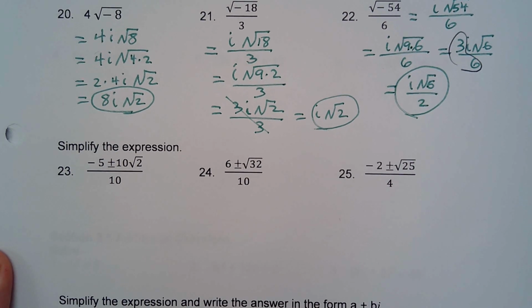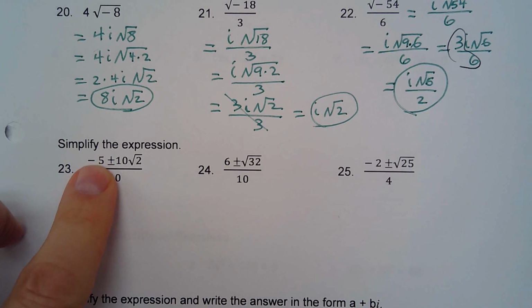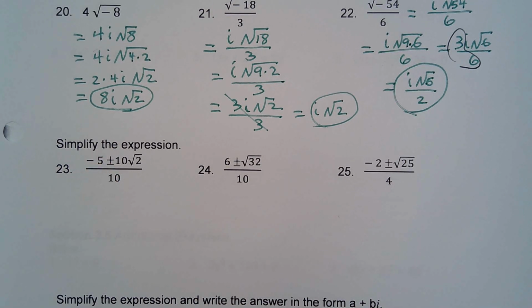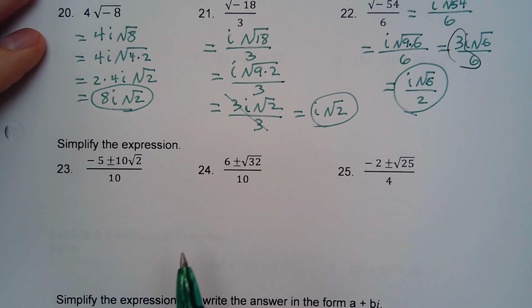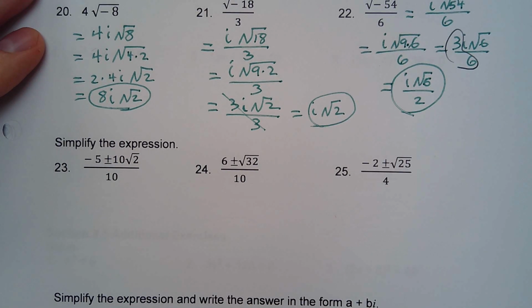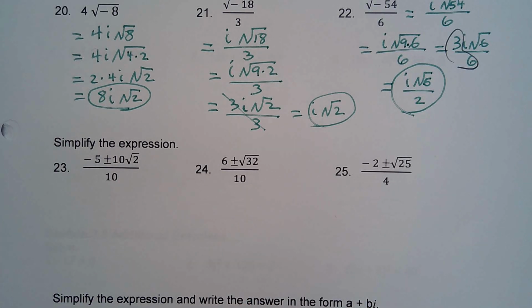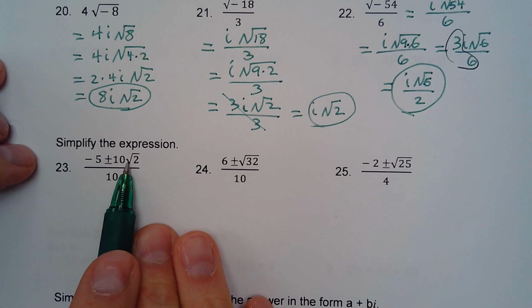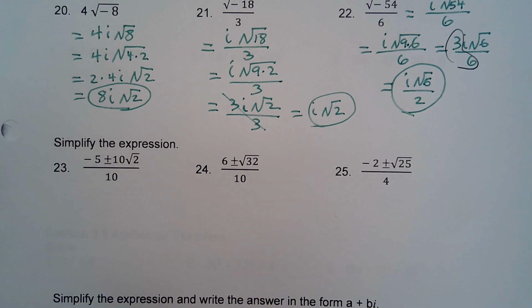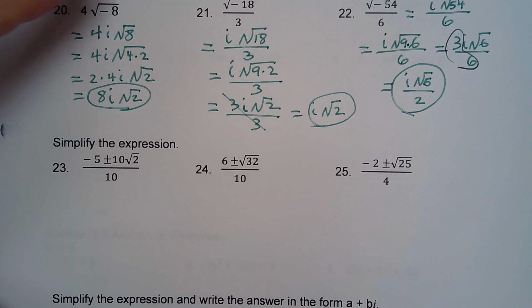Okay, we're getting there. We've seen this notation before, plus or minus. Now we're going to be seeing it a lot more in the coming lessons. But here I want to simplify. Now I cannot cross out the tenths because I've got more than one term in the numerator. What I need to do is factor out the greatest common factor. Once I get rid of the product, I can reduce.